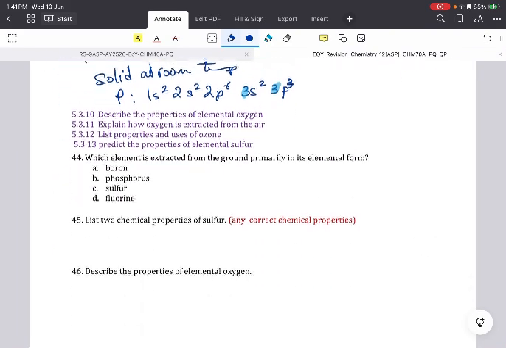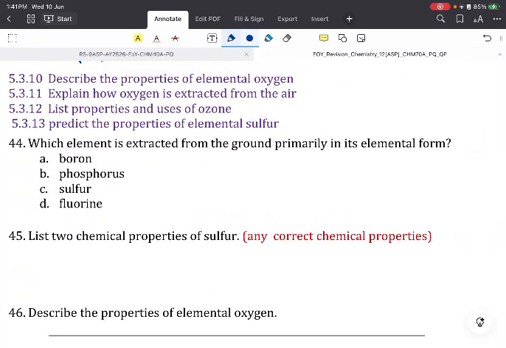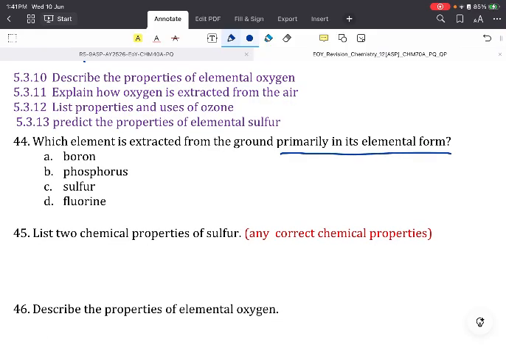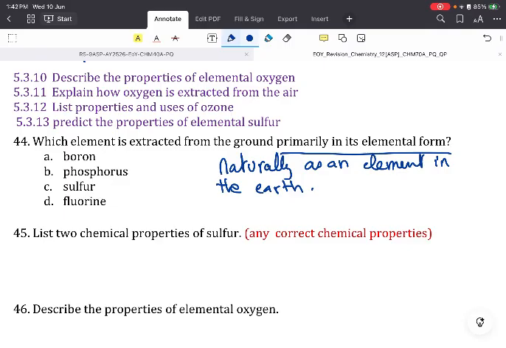Let's continue. Which element is extracted from the ground primarily in its elemental form? Like it exists naturally as an element on the earth, so we extract it as it is. Boron exists bonded to other atoms, like boron oxide.